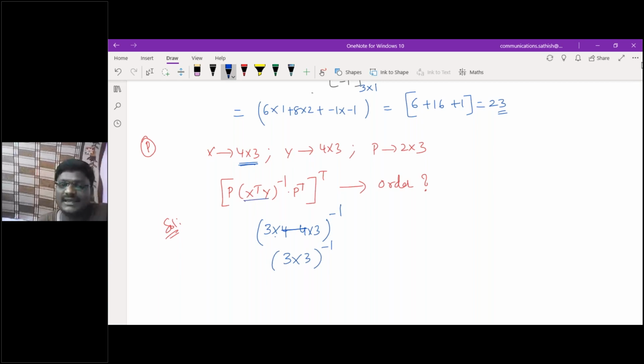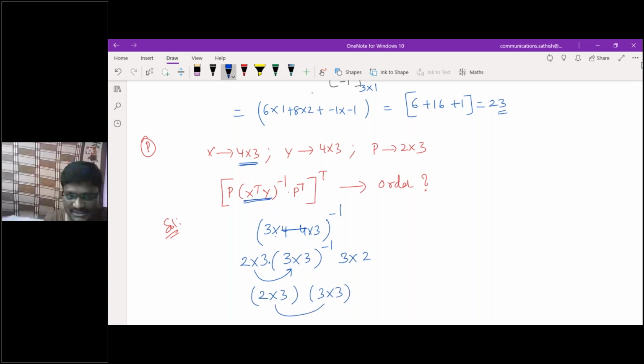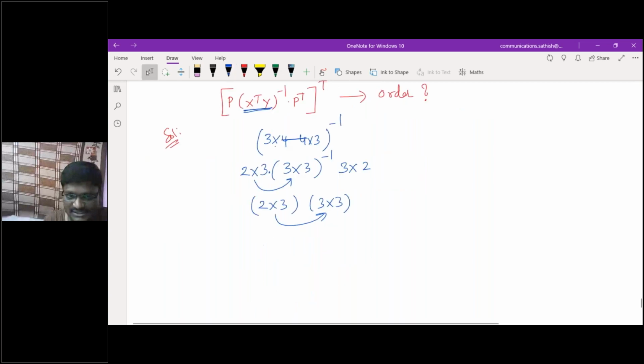Next, for P. P is again 2 by 3. Then P transpose is 3 by 2. Now first let me take these two, Mark. You'll have 2 by 3 into 3 by 3. When you do these two, they get cancelled, and the resultant will be 2 by 3.